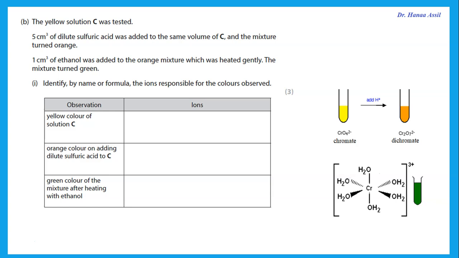So that means that the yellow color of solution C is due to the chromate ion. When we add acid, it became dichromate, Cr2O7 2-, and when we used it as an oxidizing agent, it became reduced to the chromium 3+ complex with 6 water ligands.